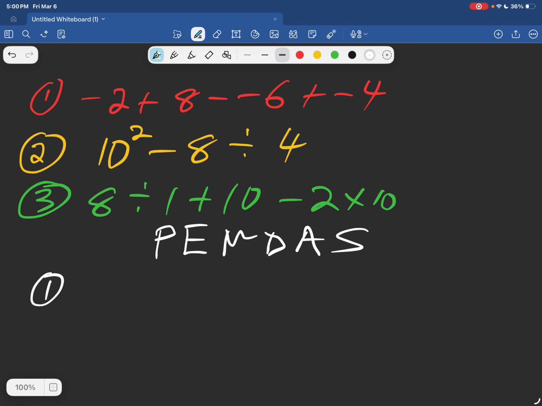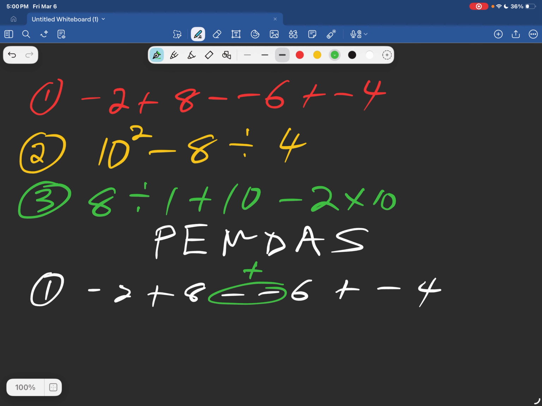In number 1, we have negative 2 plus 8 minus negative 6 plus negative 4. First, scan the problem, look from left to right. Then look for anything that can be simplified with regards to signs. Now, these two signs are the same and they're facing each other, so they combine to give a positive sign.